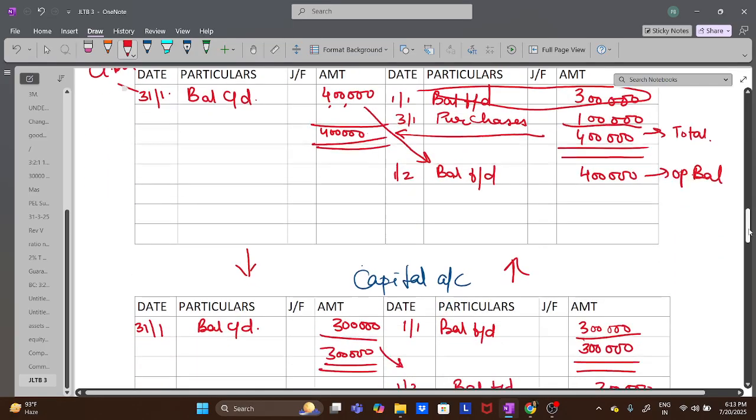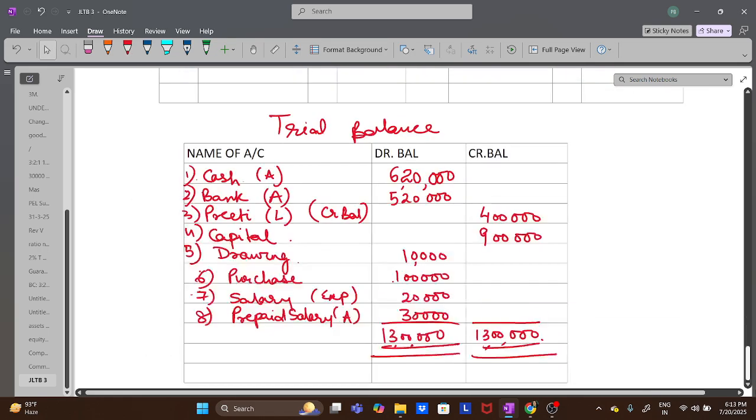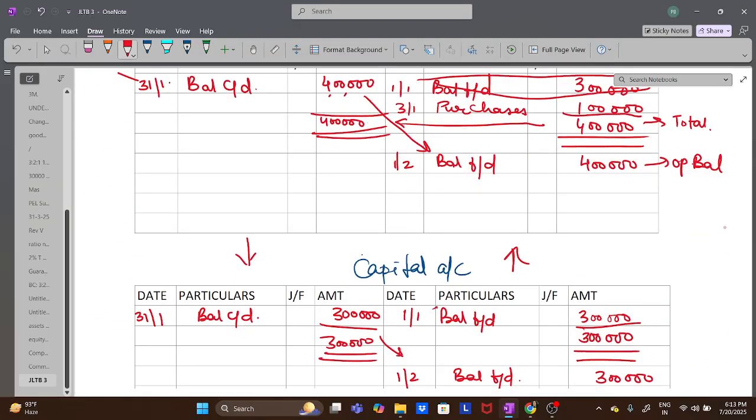Our liability, we were given the balance brought down for her also. And post that, we had capital. Capital balance, sorry, is 9 lakh. I'll make the correction here. The capital balance is 9 lakh. Sorry, so make this correction.